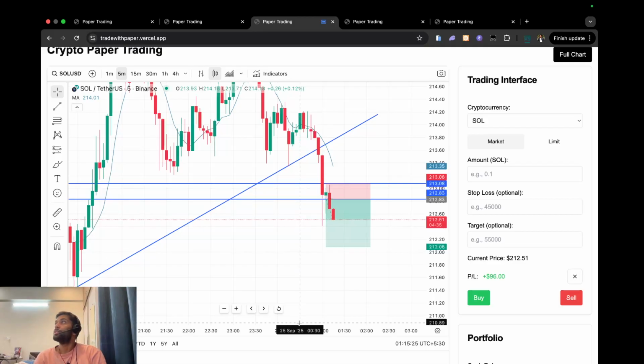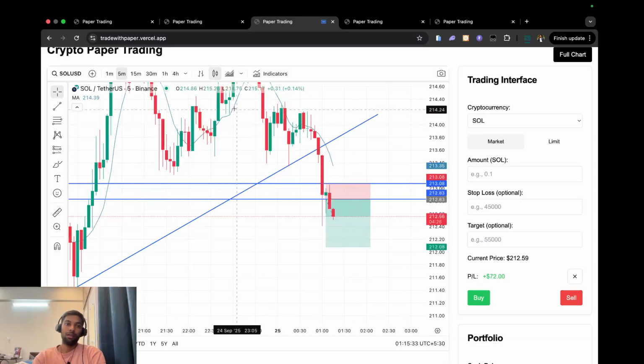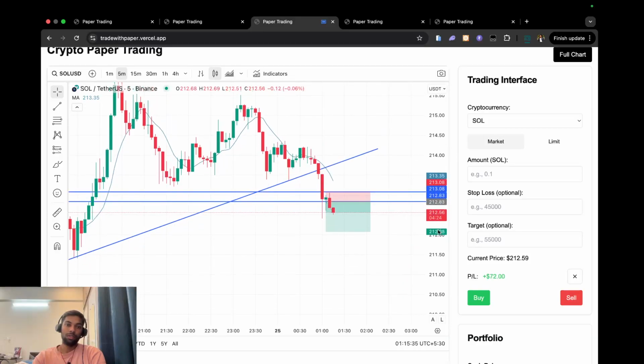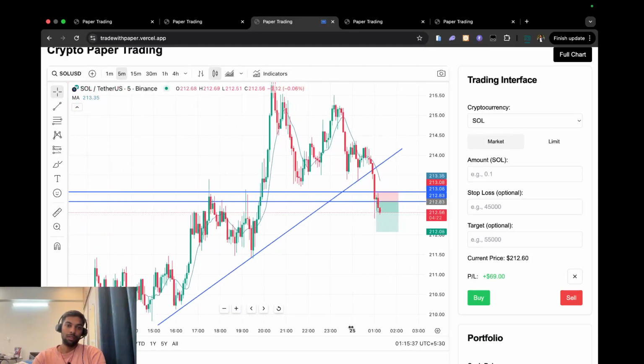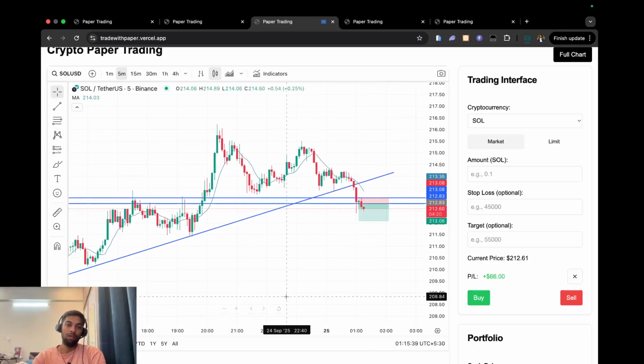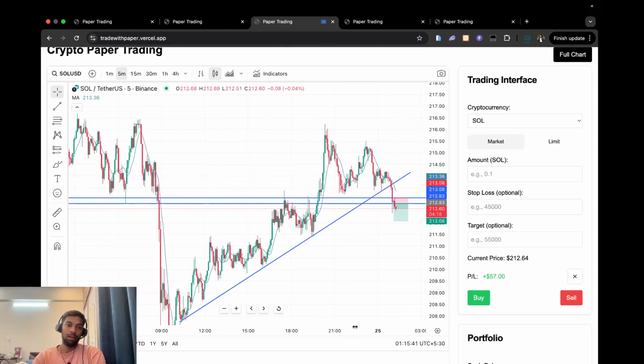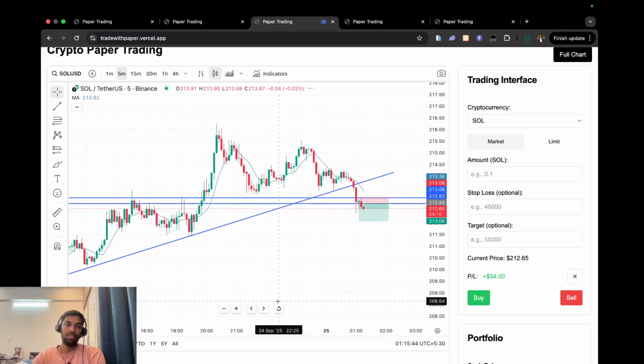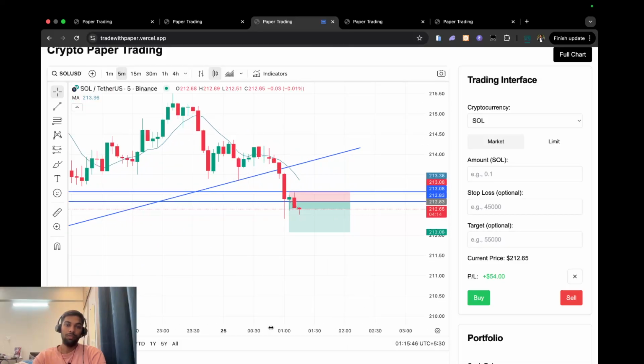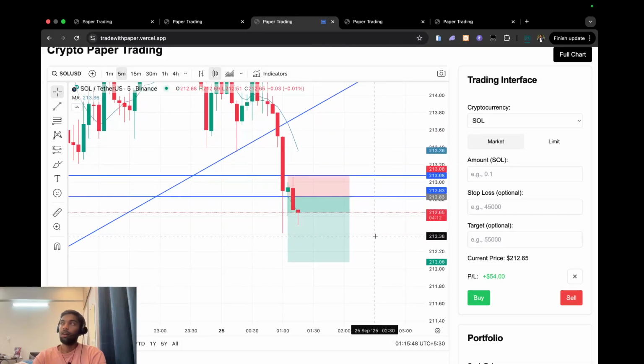Great. So it is continuing its lower lows, and let's see how it will behave. But we have taken a trade and we have done all the analysis before the trade.